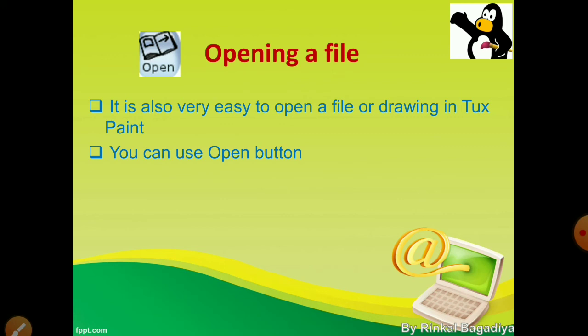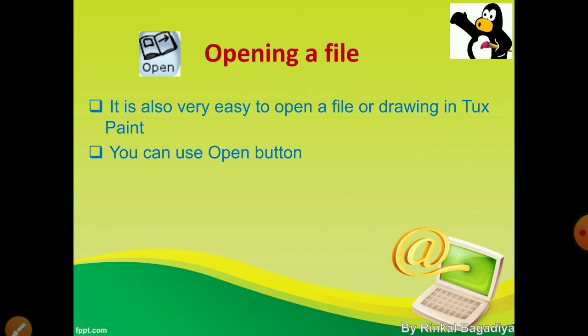From these, we can select any drawing and open that picture. We just have to click on the Open button and it will display all saved drawings in Tux Paint as thumbnails. Now, for any picture we want to open, we just click on that picture, and after that we click on the Open button given at the bottom of the screen.